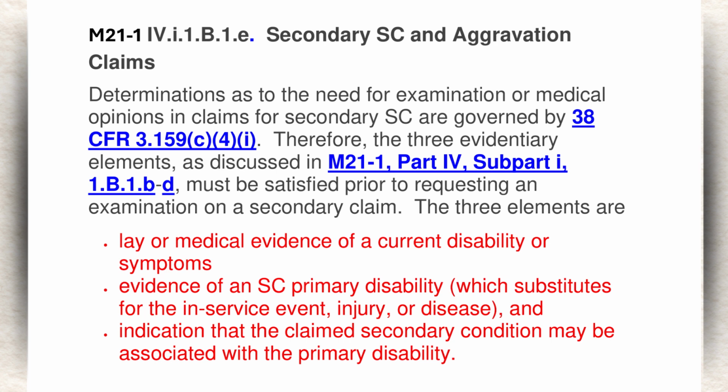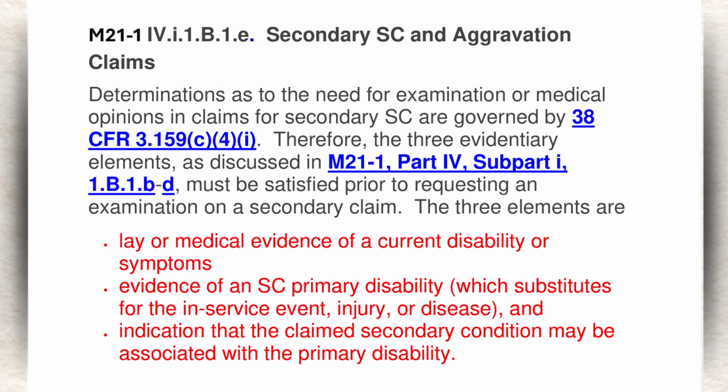In order to start a secondary claim, you need three things. One, lay or medical evidence, one of the two, of a current disability or symptom. So it has to be either lay or medical, a disability or symptom. It does not have to be an actual diagnosis, okay?